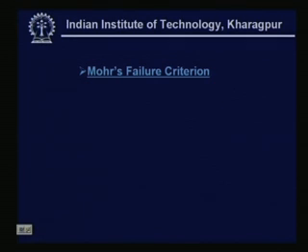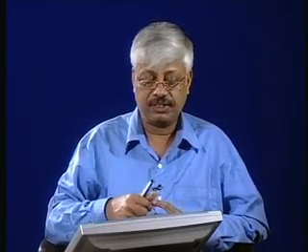Now, let us try a very simple type of problem which will give you some idea of how we consider the two sets of failure theories, one for the ductile material, another for the brittle material, and how they can be employed in design, taking very simple examples.